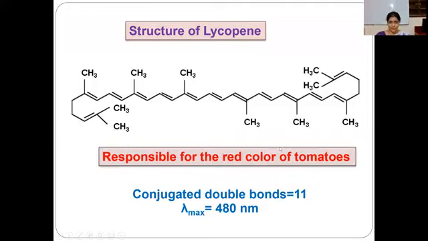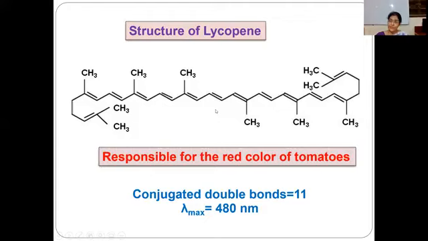This is the structure of lycopene. Lycopene is a carotenoid which is responsible for the red color of tomato. In lycopene, the only absorbing unit is the carbon-carbon double bond, and according to the basic principle, a carbon-carbon double bond shows absorption in the normal UV region.